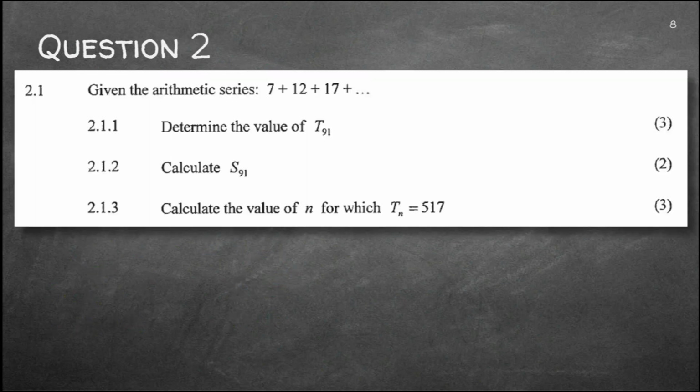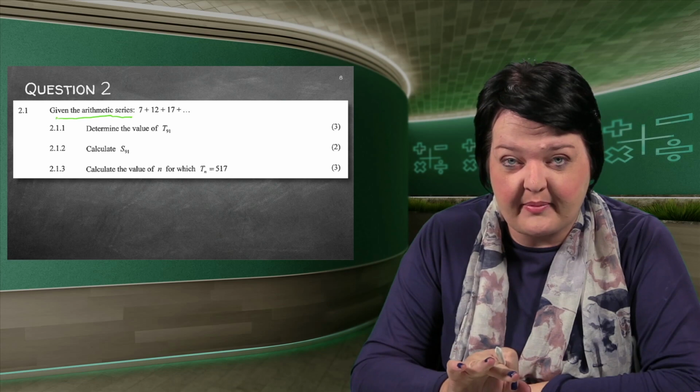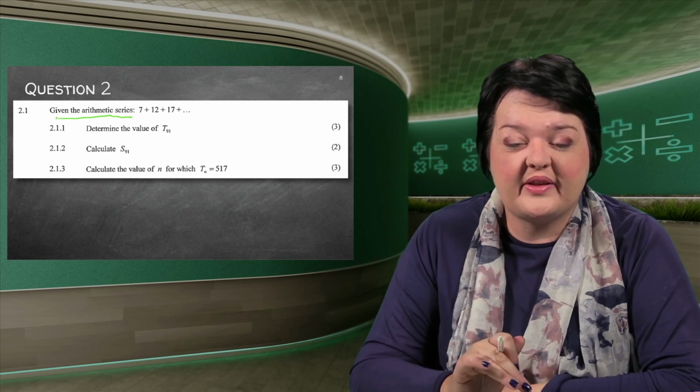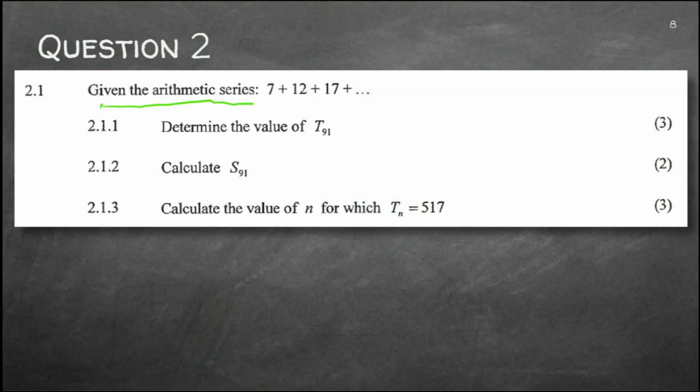So let's read. Given the arithmetic series, so already I know there's a constant difference. If they did not say arithmetic, I would have to check whether it's geometric, arithmetic, or quadratic. So I know there's a constant first difference, plus 5, and plus 5.